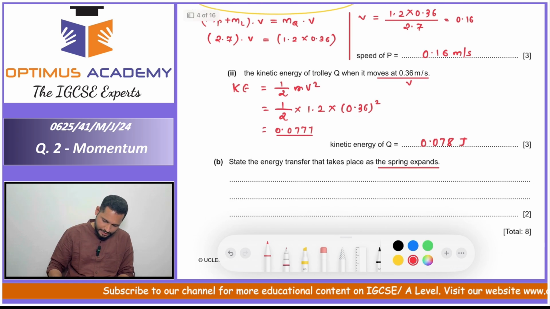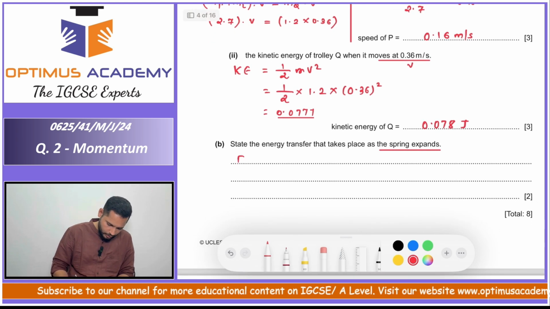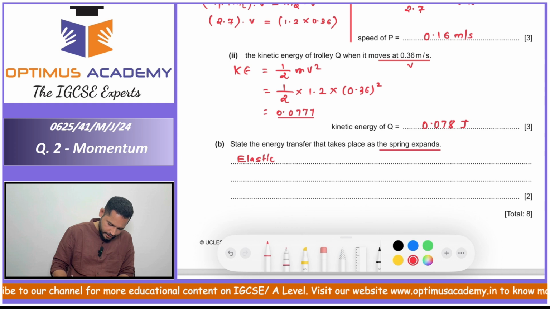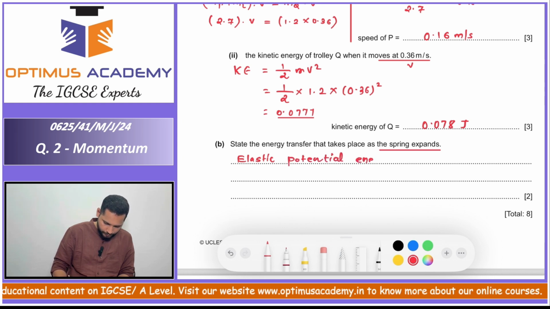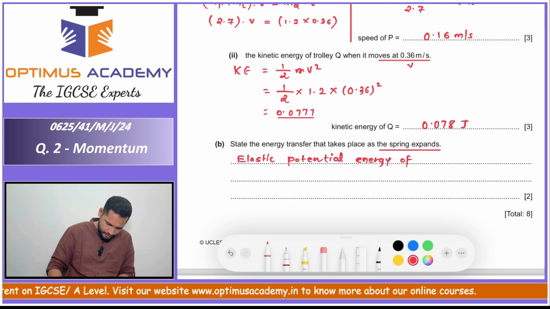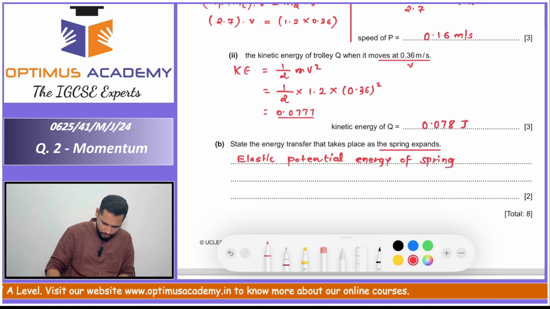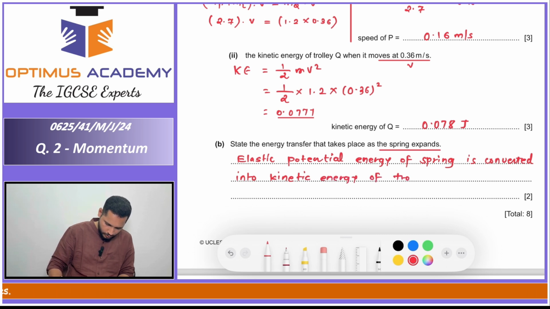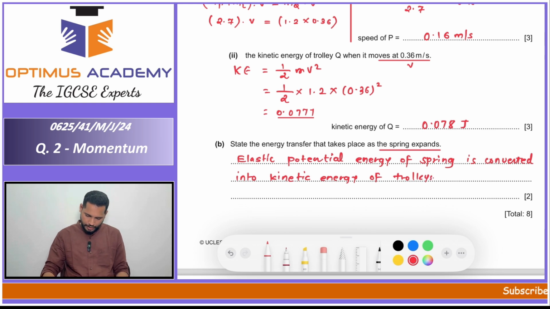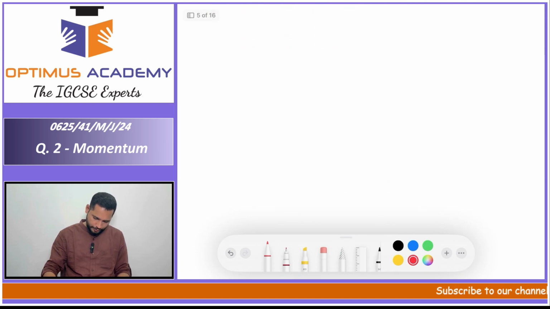So the main energy transfer here is elastic potential energy of spring is converted into kinetic energy of trolleys.